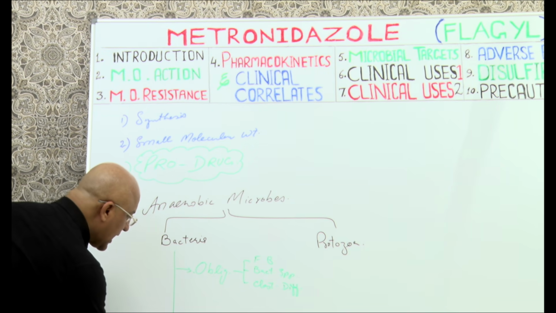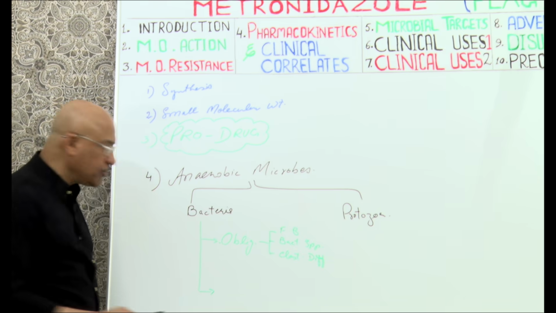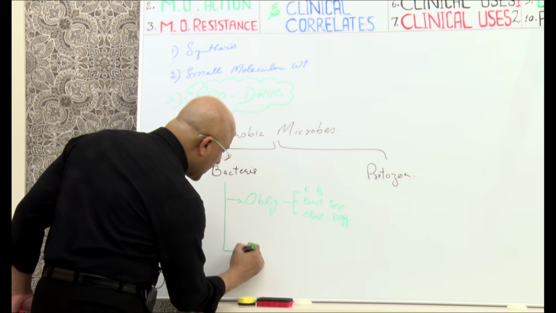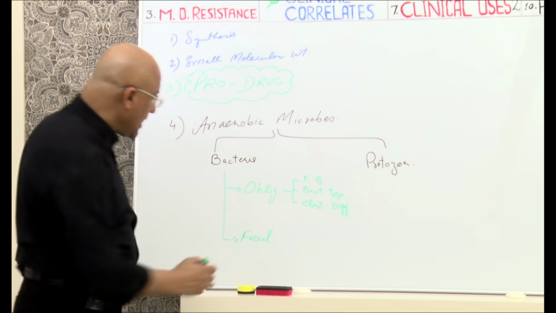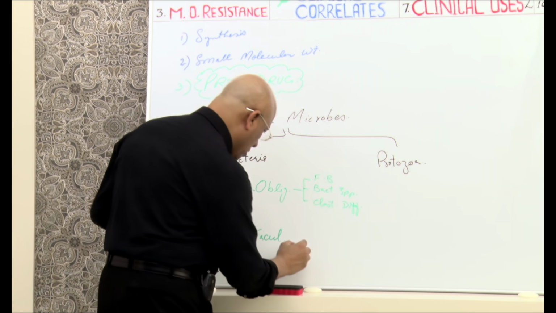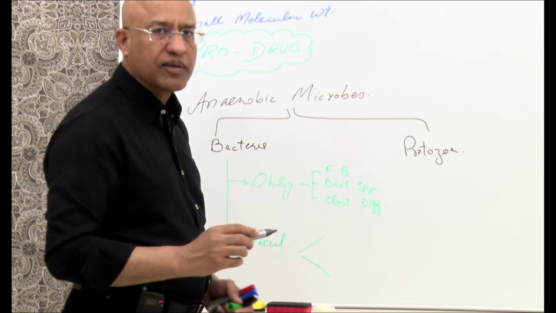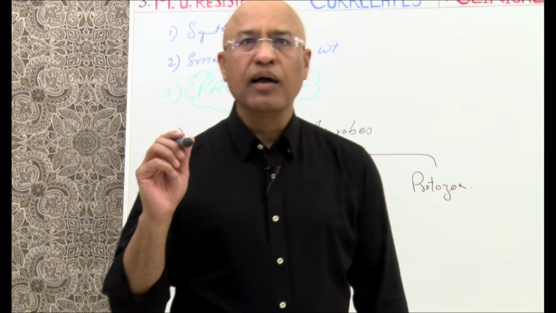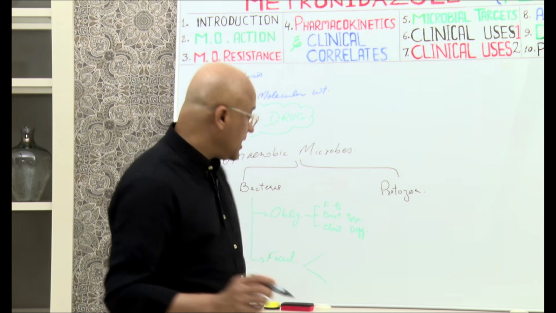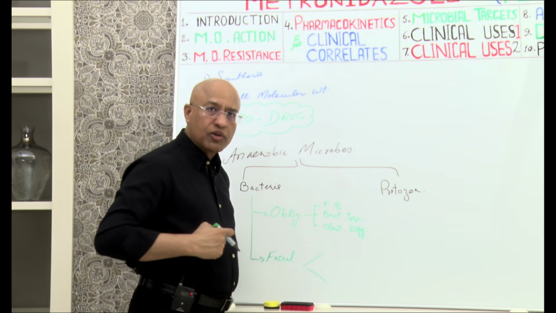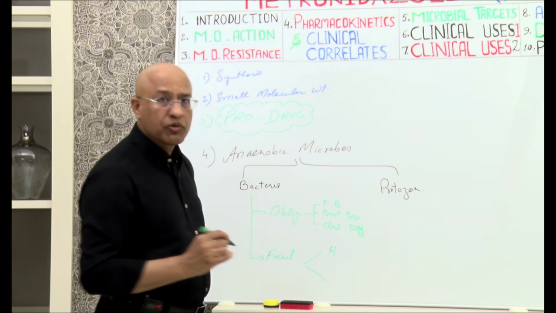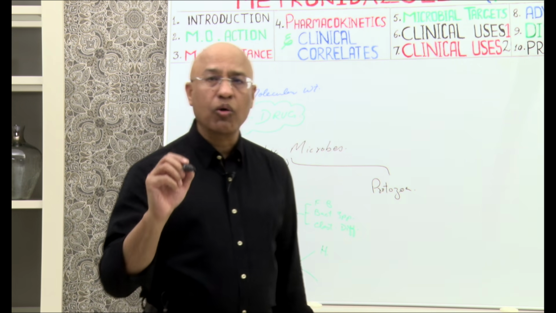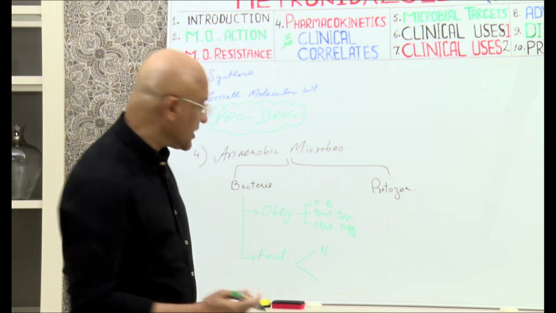And then there are microaerophilic organisms, or there are organisms like facultative anaerobes. And when we talk about facultative anaerobes, we will specially mention two organisms where metronidazole is very effective. Number one, in the stomach, you must remember organism which is very commonly involved in production of gastritis, right?